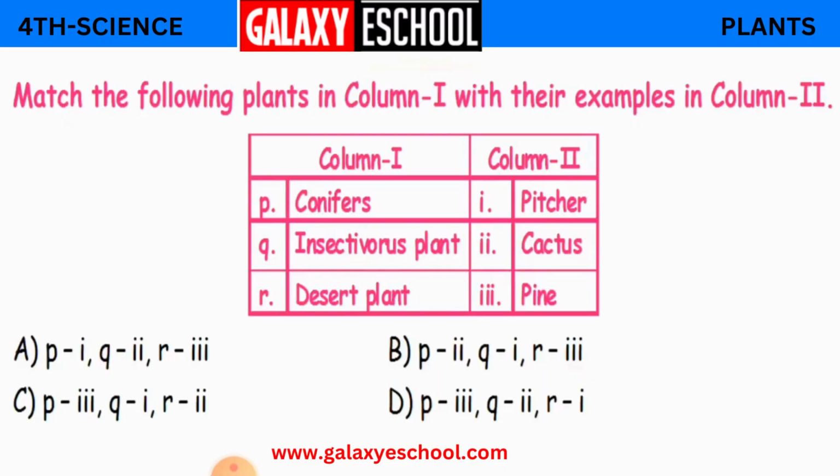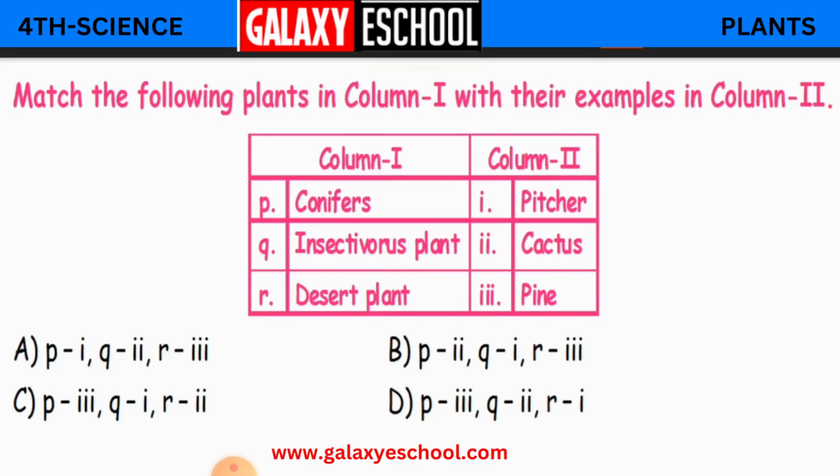The next question. Match the following plants in column 1 with their examples in column 2. See here, you have got column 1 and column 2. So you have got the type of plants and the name of plants. We have to match them. P is conifers. For example, a conifer is pine.